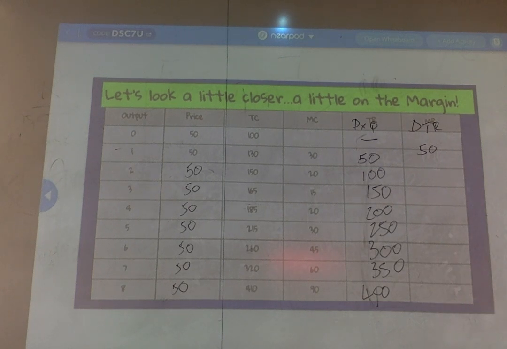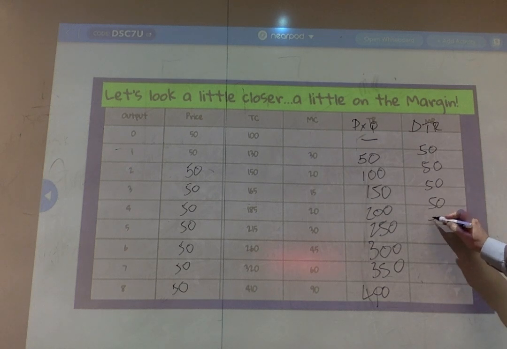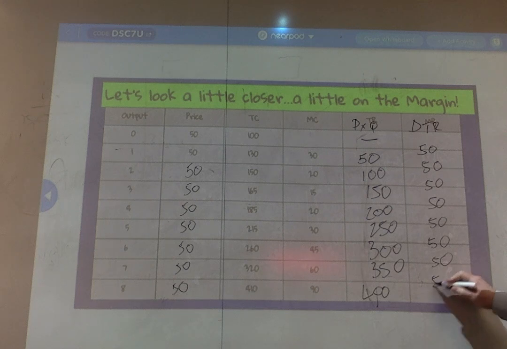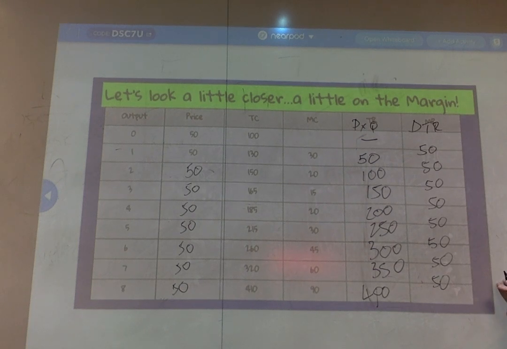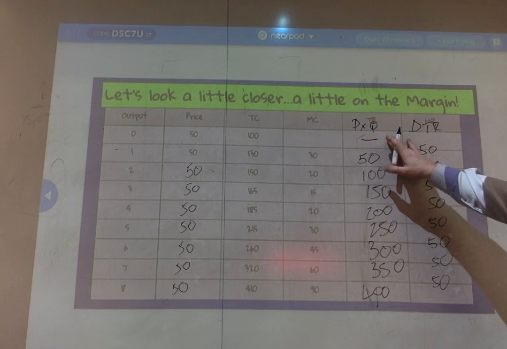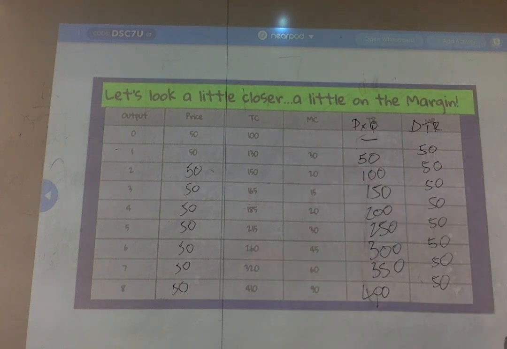Marginal revenue is the change in revenue. Which makes sense, doesn't it? Because this is perfectly competitive, so your price should equal your marginal revenue. If I was to put average revenue here, that would be total revenue divided by the quantity. So it would end up being that as well.